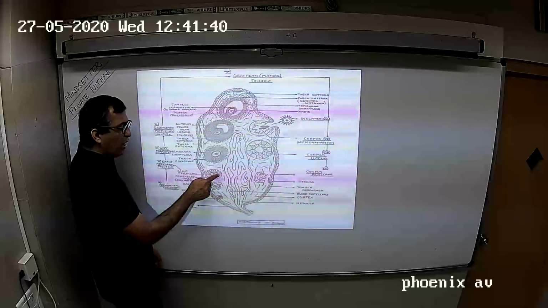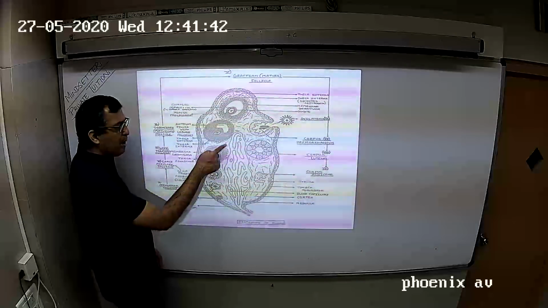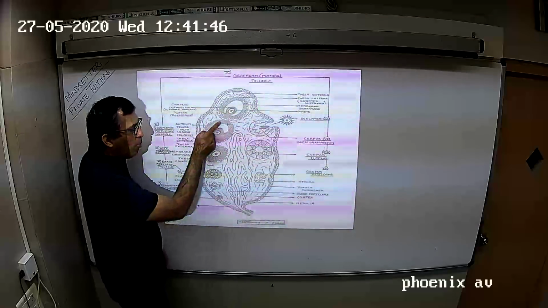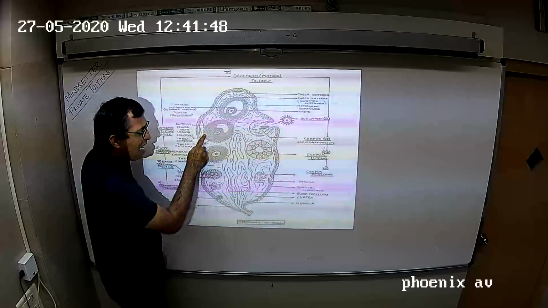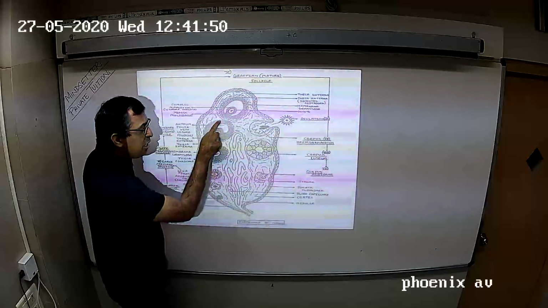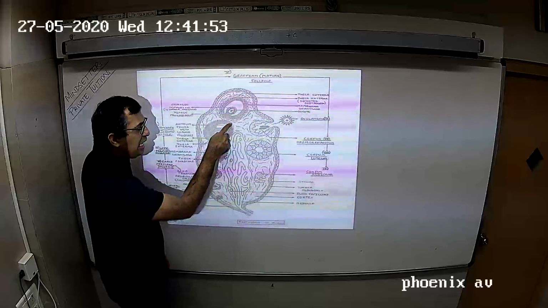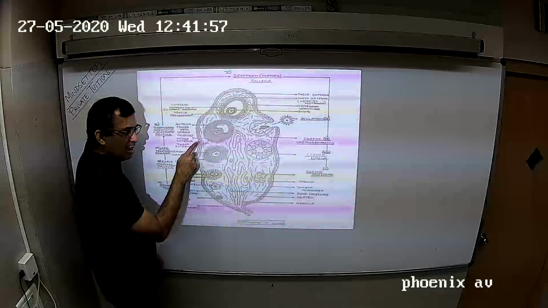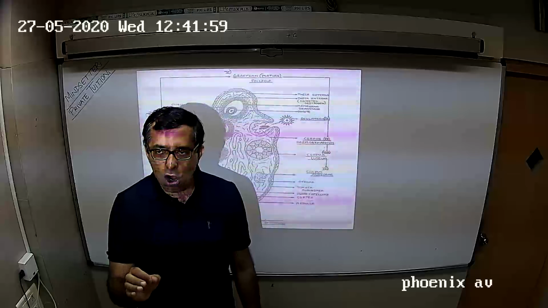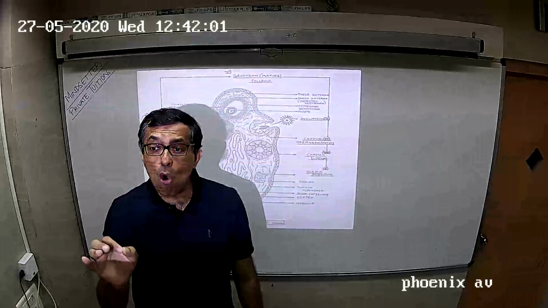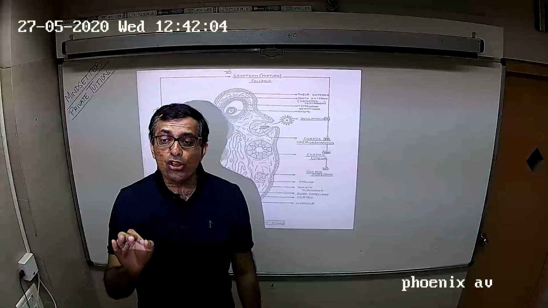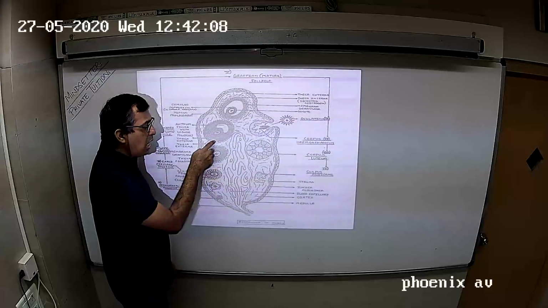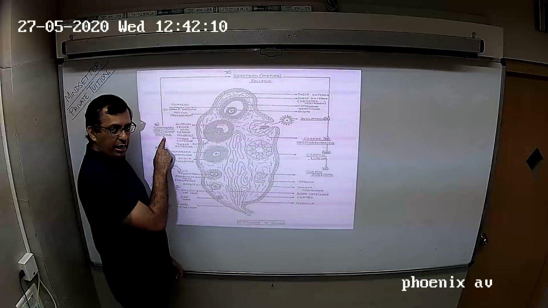So primordial follicle, early primary follicle, late primary follicle, secondary follicle, Graafian follicle, and I hope you remember the theca interna layer of the secondary follicle, the theca interna starts giving the hormone estrogen. Estrogen is secreted by the theca interna of the secondary follicle.